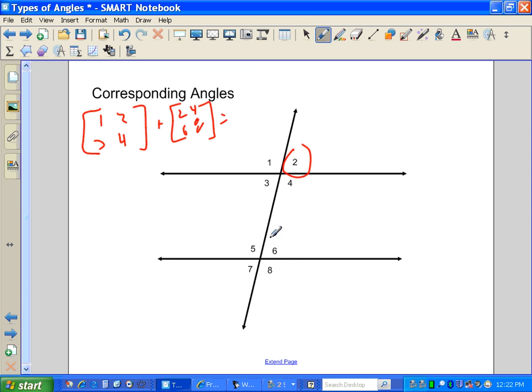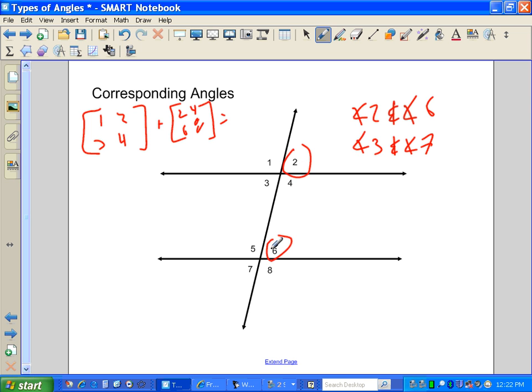So angle 2 and angle 6, they're corresponding angles. Okay, angle 2 and angle 6 are corresponding angles. Okay, you can find several more pairs, angle 3 and angle 7. Corresponding angles, angle 4 and angle 8. So same location in both things. Okay, angle 2 is above the line to the right.